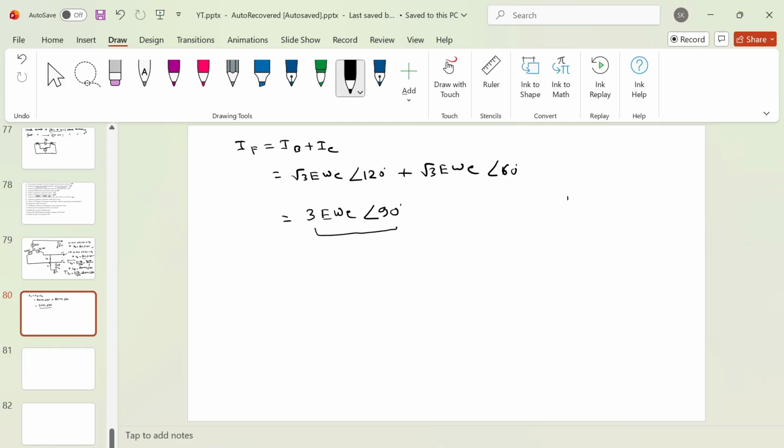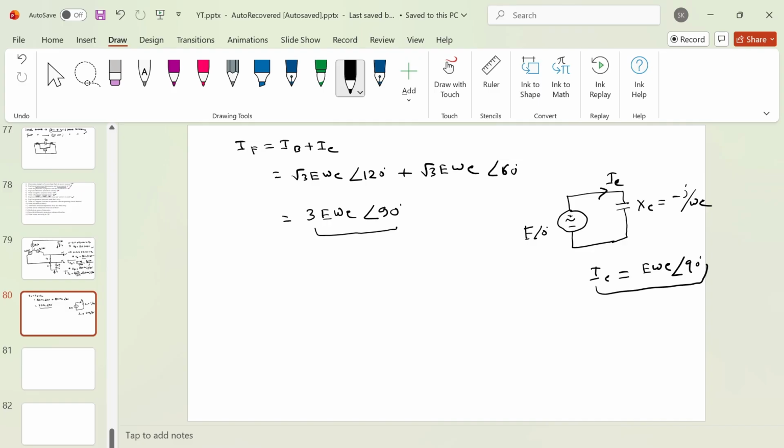Now let's say you have one phase. I'm just taking one example for comparison, and you have this capacitor here. Let's say the voltage is E at an angle 0, and this capacitor value is also C. So the capacitive reactance will be nothing but minus j by omega C. If you see the current flowing through this capacitor, IC will simply be E omega C at an angle of 90 degrees, right?